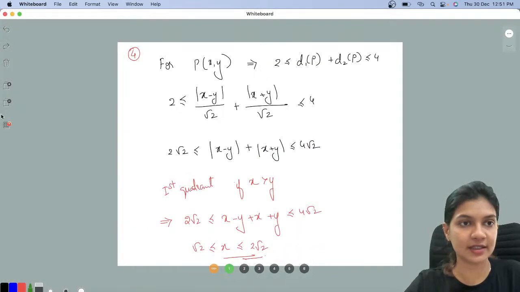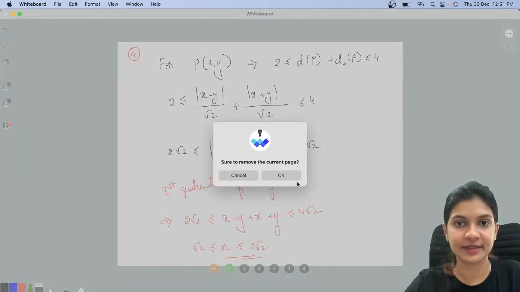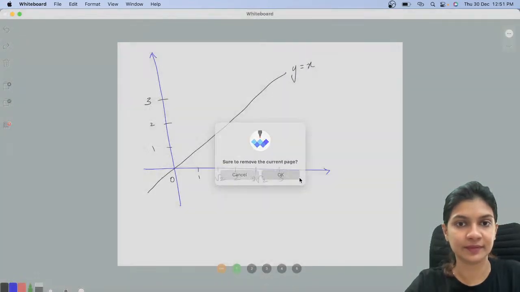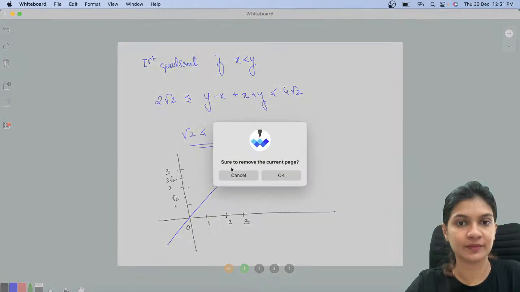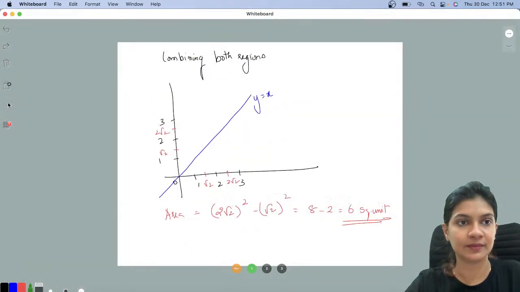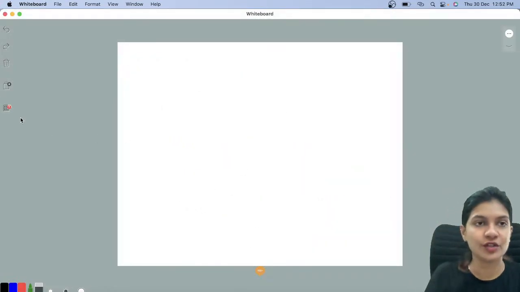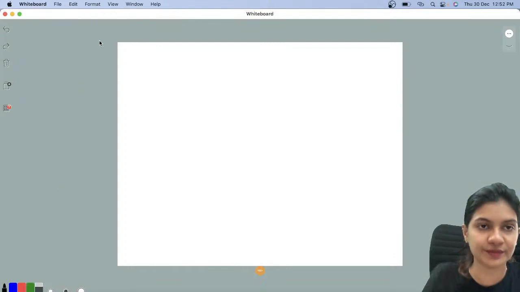Straight lines discussion we were doing, right? These are from that. Okay.